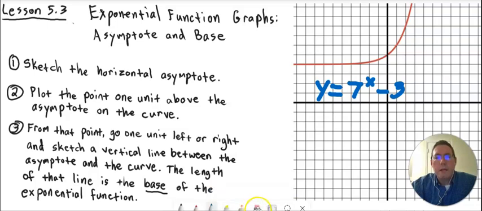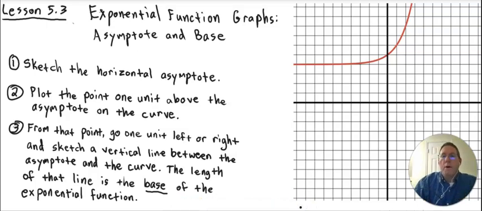Let me switch to something a little thinner here. There we go. All right, so another example might be y equals 26 to the x power plus 11. This is an exponential function.